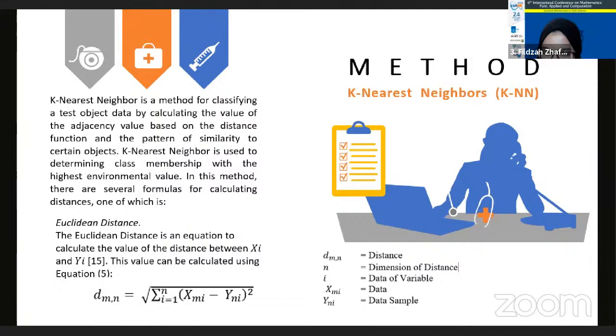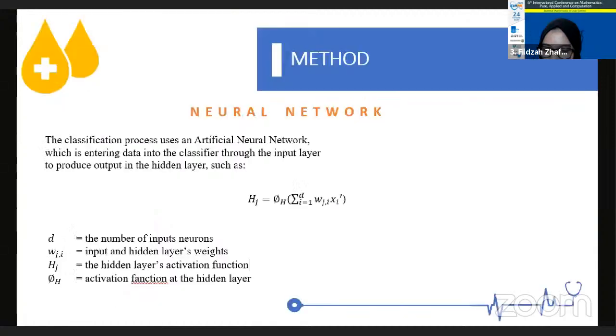KNN is used to determine class membership with the highest value. There are several formulas for calculating distance, one of which is Euclidean distance. This is the formula and information about Euclidean distance.